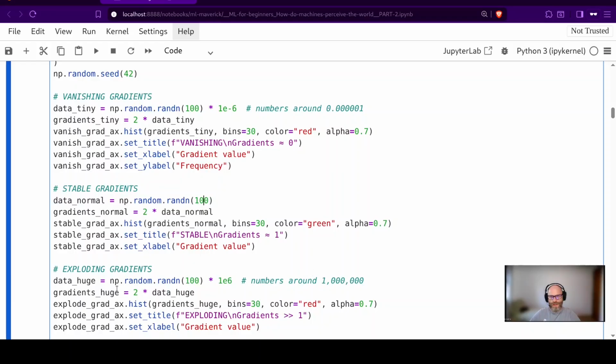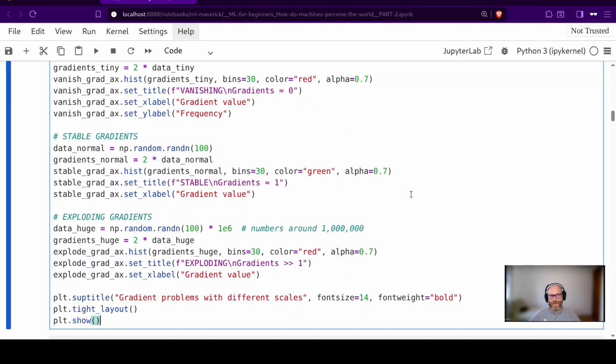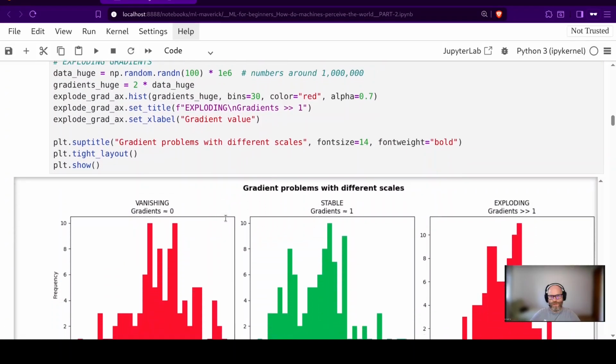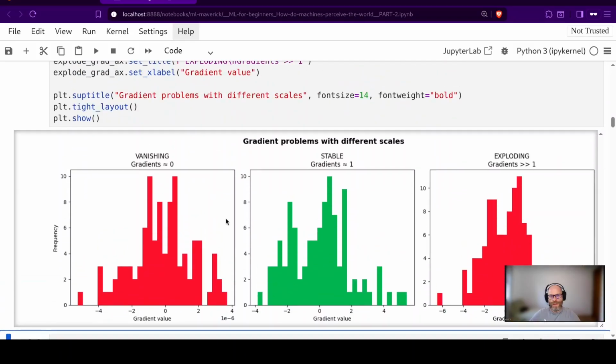And for the huge data it's also randn, but times 1e6, which is a number around a million. To show the plots, at the end plt.show, and to run the code, simply press Shift+Enter, wait a while, and we have vanishing, stable and exploding gradients.